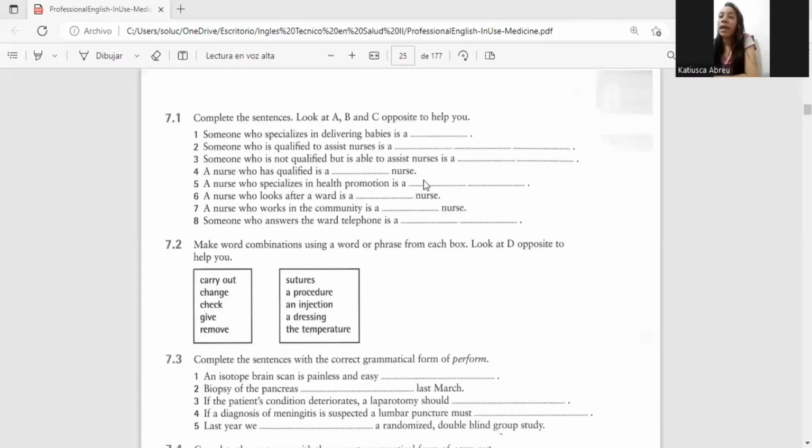Carry out a procedure. Change a dressing. Check the temperature. Exercise 3. Complete the sentences with the correct grammatical form of perform. Example, a biopsy of the pancreas was performed last March.